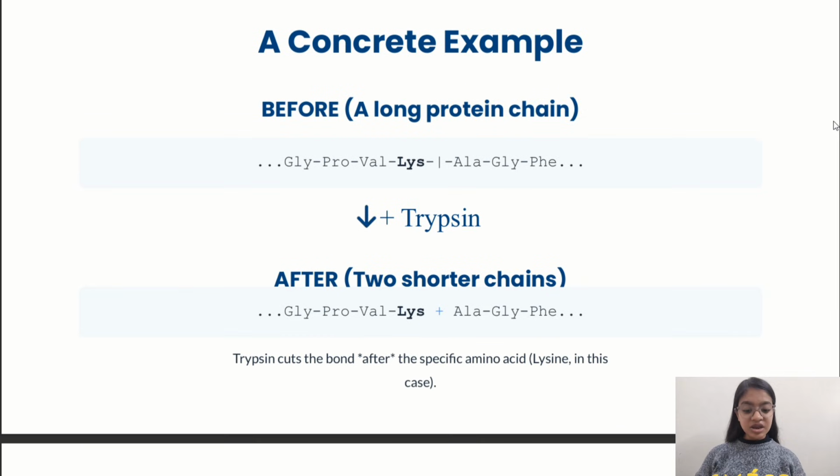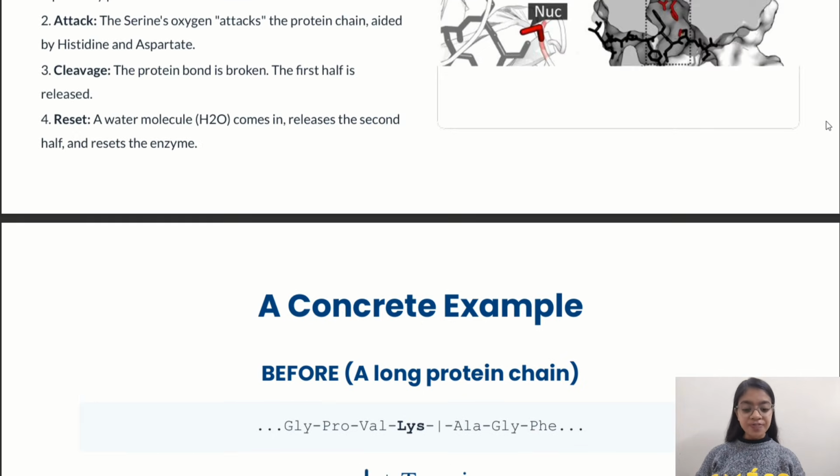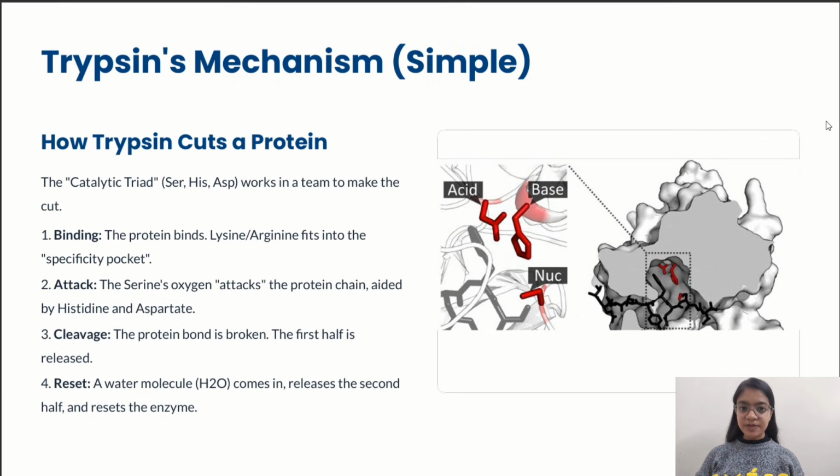The reactive serine oxygen attacks the carbon atom of the peptide bond right next to the lysine or arginine. This attack is so strong that it immediately breaks the peptide bond. The first half of the protein chain is released. The other half of the protein remains temporarily attached to the serine. This is called the acyl-enzyme intermediate.